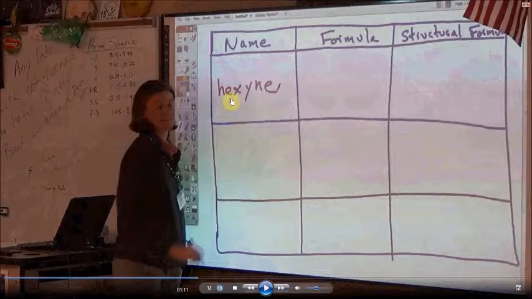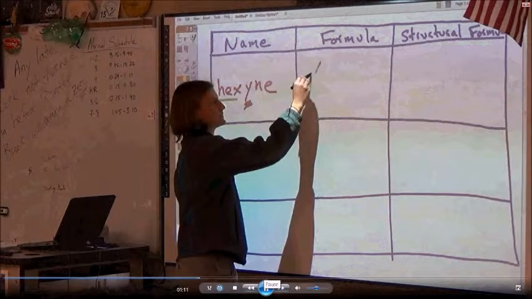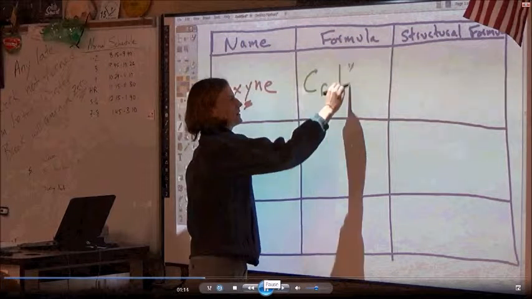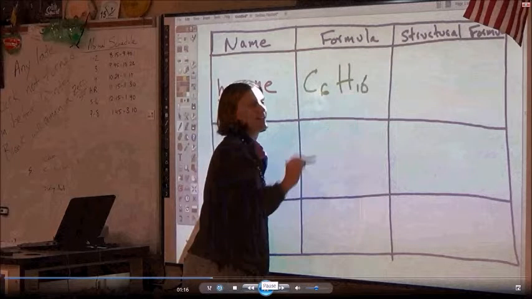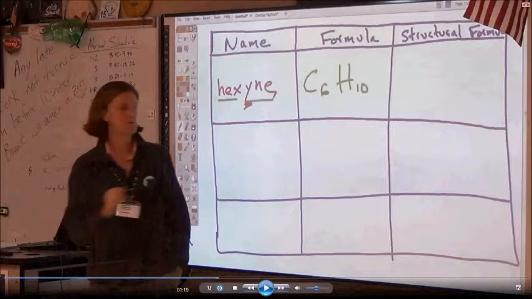You're going to get that from the hex. Hexagon, that should be an easy one, that of course means 6. So we know we have 6 C's, and then double minus 2 for an ine. Double 6 is 12, minus 2 would have to give us 10. So hexyne is C6H10.